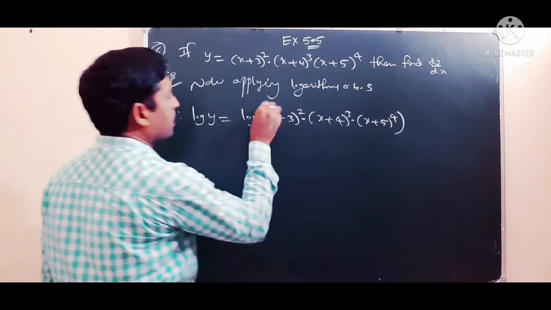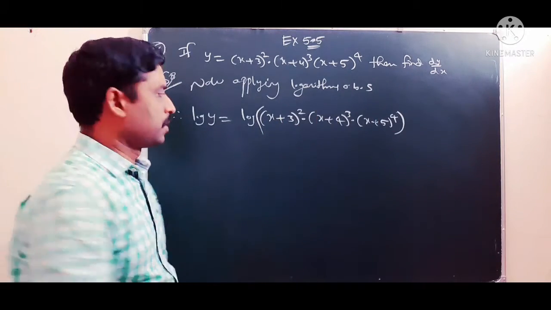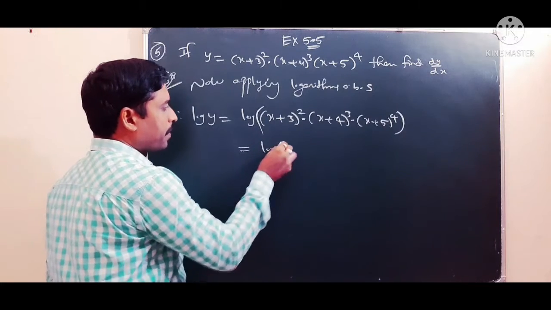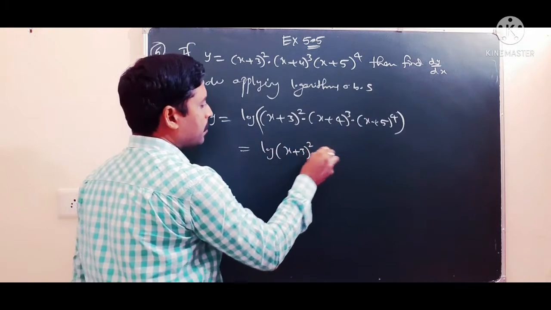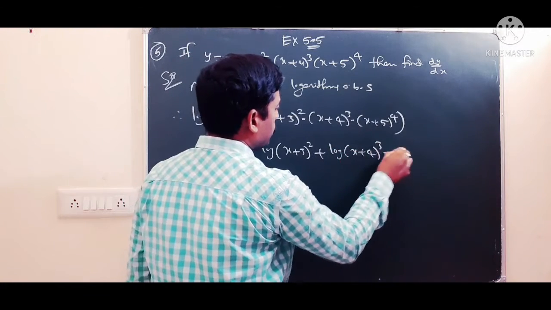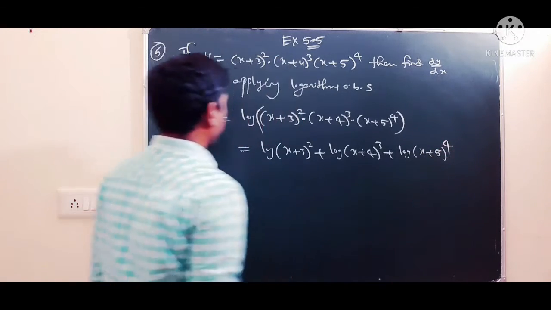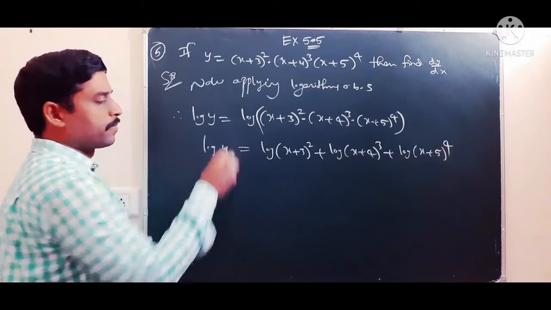We have the log abc formula, log a plus log b plus log c. So log of (x plus 3) whole square plus log of (x plus 4) whole cube plus log of (x plus 5) power 4 is equal to log y.